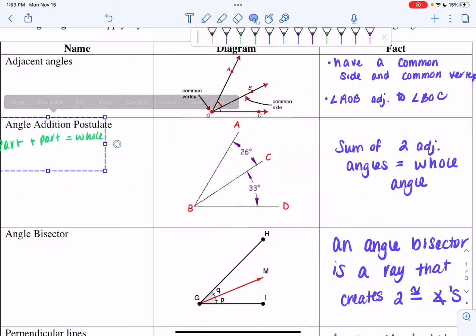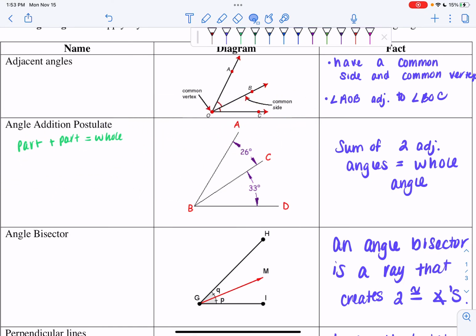I can basically add my two tiny angles together to get my whole angle. So in this case, I can say that the measure of angle ABC plus the measure of angle CBD is equal to the measure of my whole angle, or ABD.